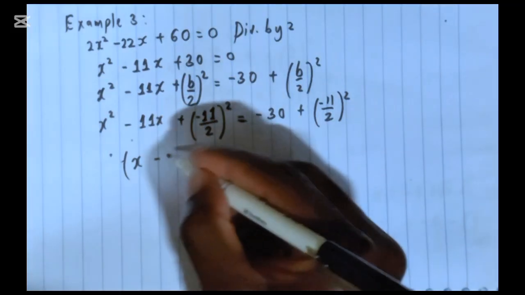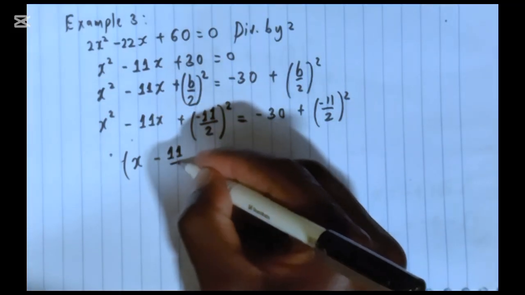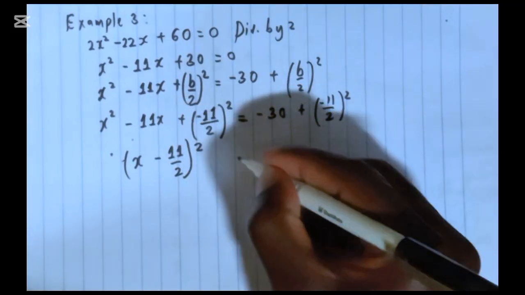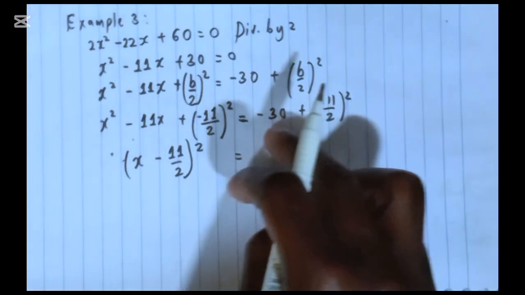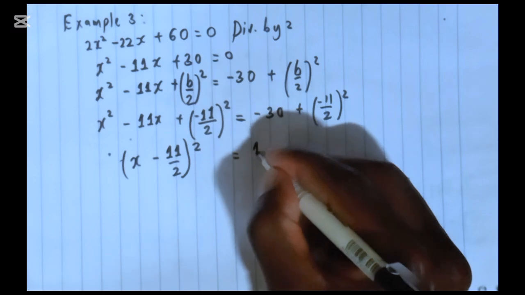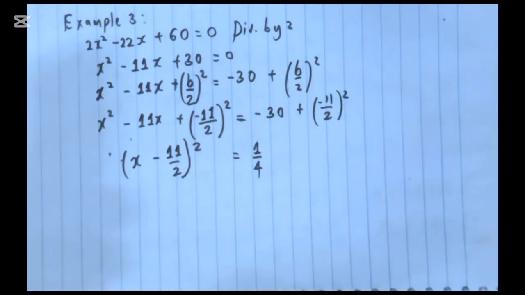So it's going to be (x minus 11 over 2) all squared, and that will be equal to negative 30 plus (negative 11 over 2) all squared. When you simplify this, we are going to get this as being equal to a quarter.